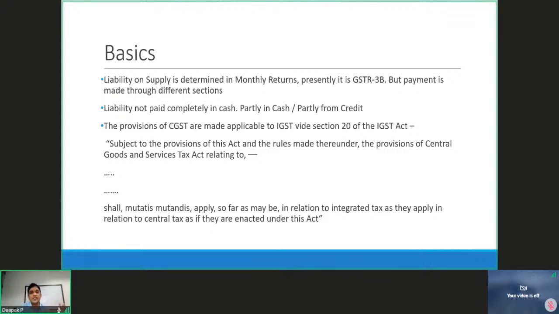Mutatis mutandis means with some alterations, with relevance to the context. So if the CGST Act says 9%, then the IGST Act will say 9 plus 9, 18%. That is the meaning of mutatis mutandis, which has to be read in relation to the IGST Act. Okay. So Section 20 borrows the provisions of payment also from the CGST Act and brings it under the IGST Act.